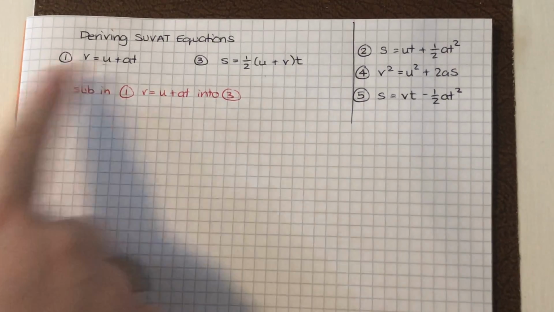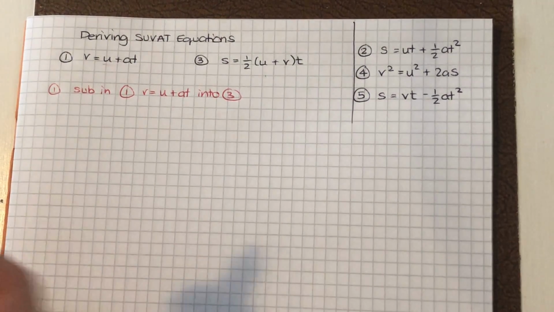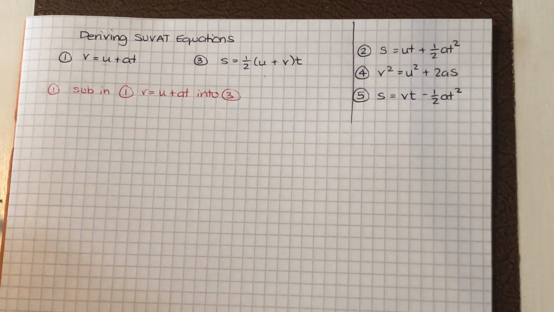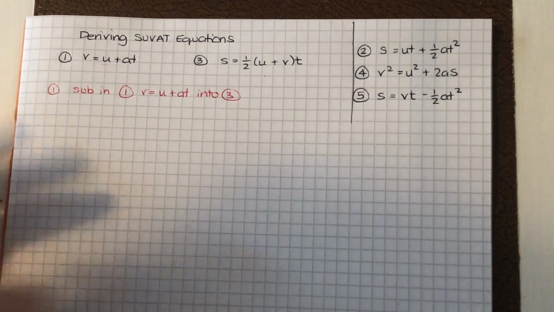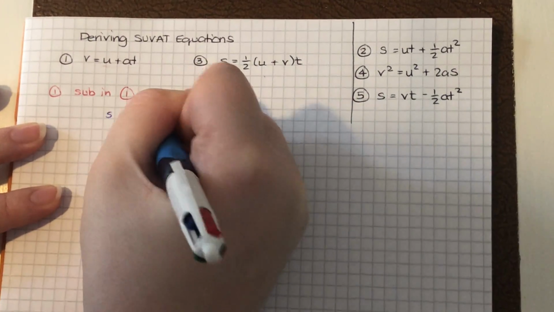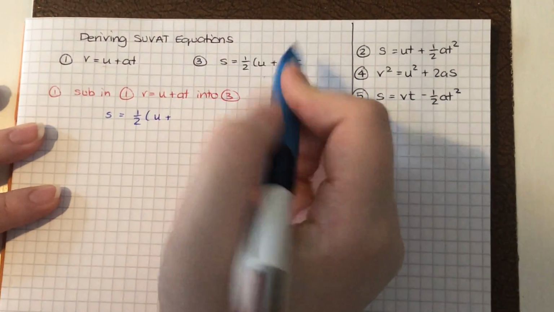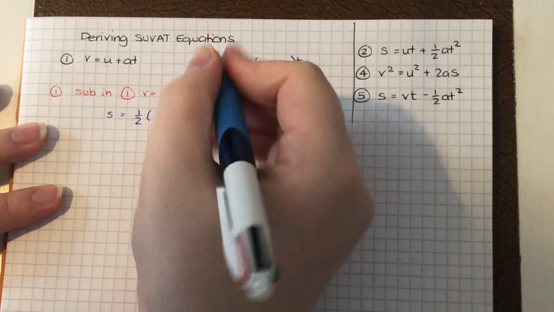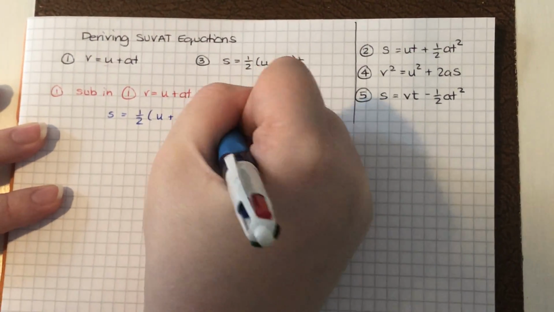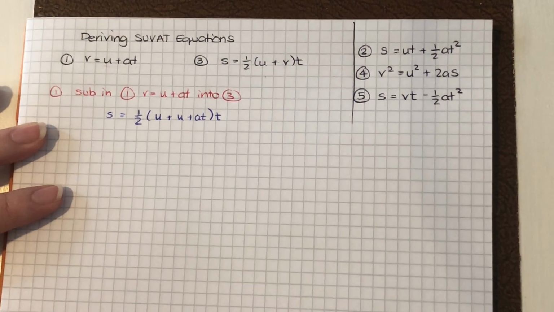The only reason why I've called them 1 and 3 is because in the PowerPoint you'll see that they're labelled. So we've got s equals a half bracket u plus, but the v has now become u plus at, and then you've still got the t on the outside.